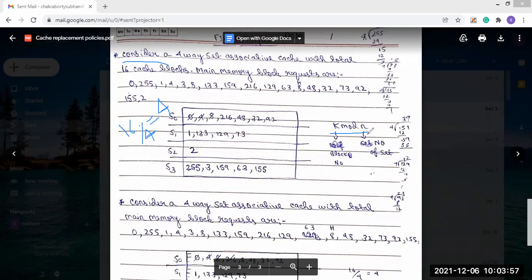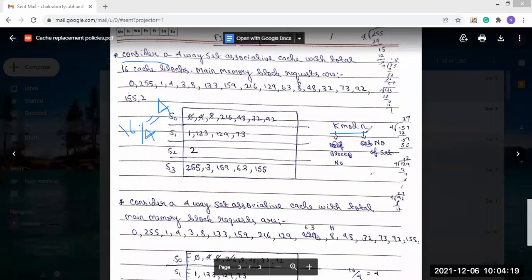First we have 0, so 0 mod 4, where n is the number of sets, which is 4 here. So 0 mod 4 is 0.